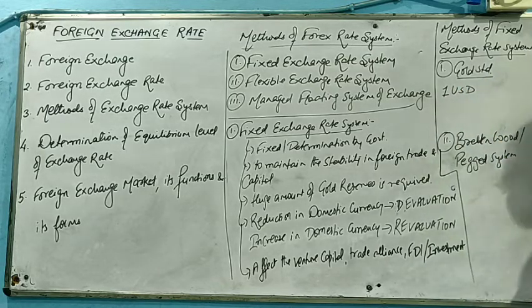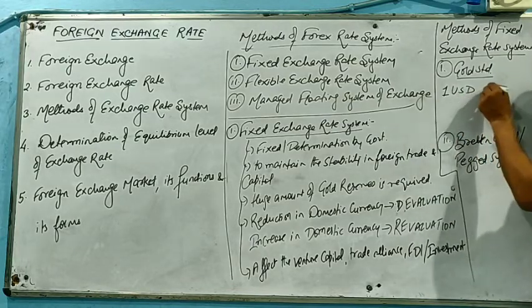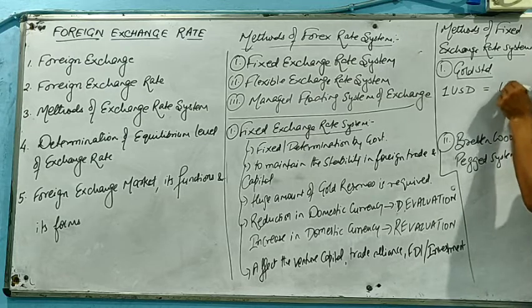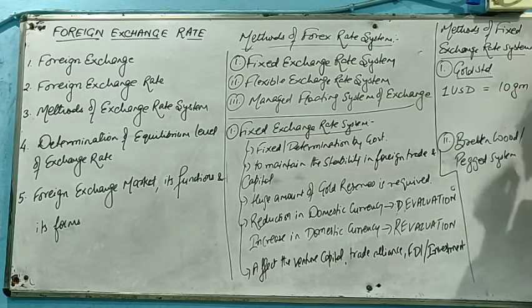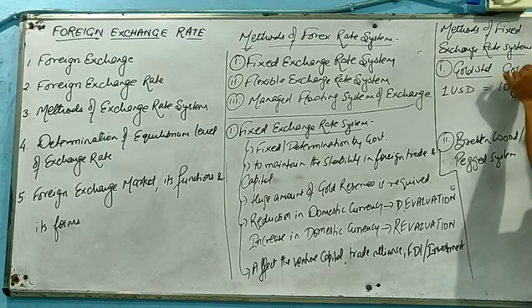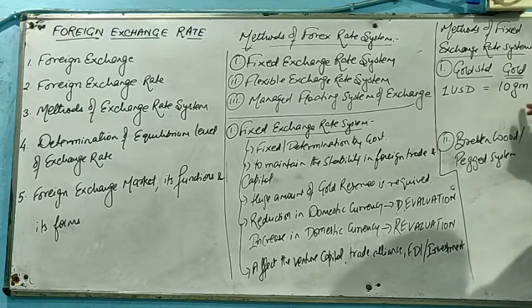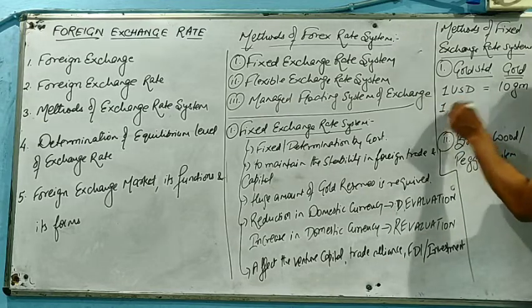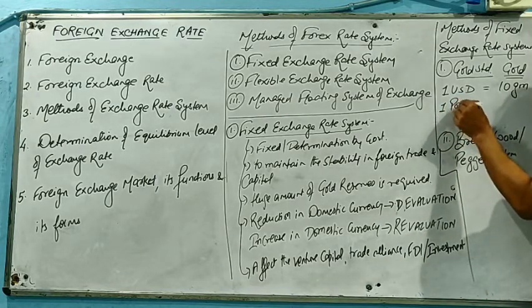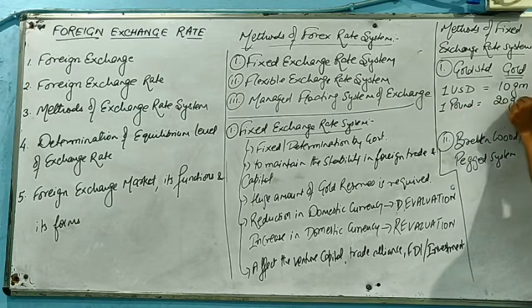So, how can we say? Let's take an example. If $1 can buy, say, 10 grams of gold, right? And the same way 1 pound can buy 20 grams of gold.